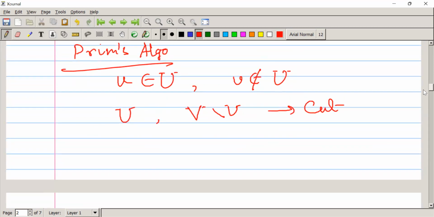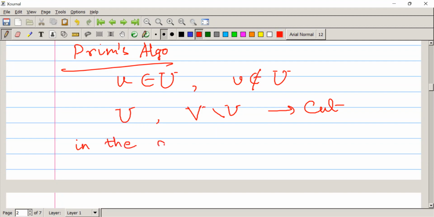Do you know what a cut is? A cut is just a partition of the vertex set of G. So the vertices that are already traversed and those that are not traversed always form a partition, right?